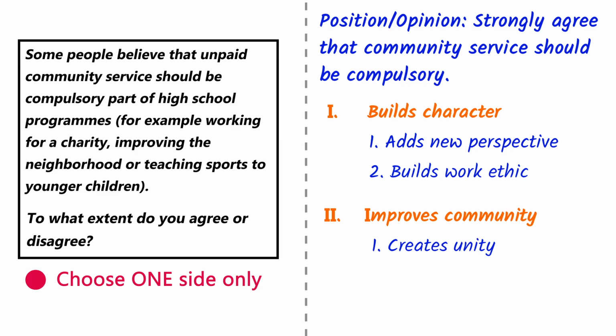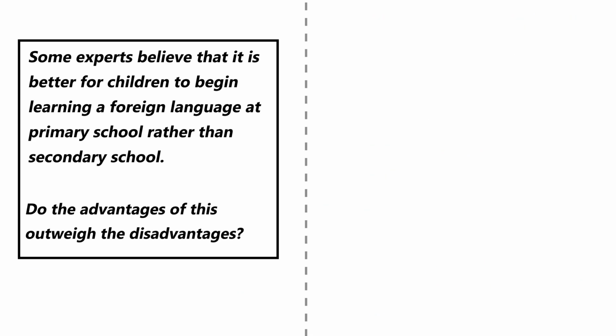One of them is it creates unity, and the other is it can inspire solutions to the problems. You see how we write a very simple outline here, and this outline definitely helps you stay focused and organize your thoughts, all right?